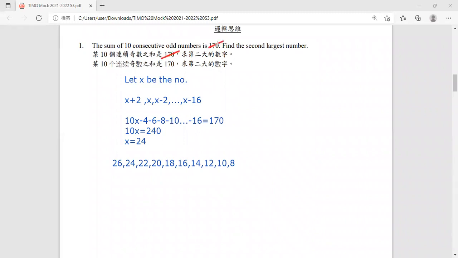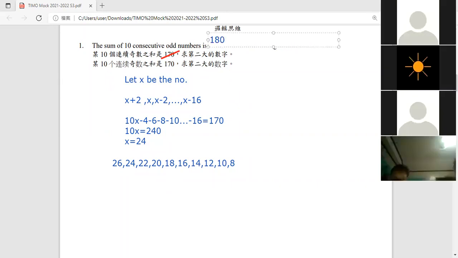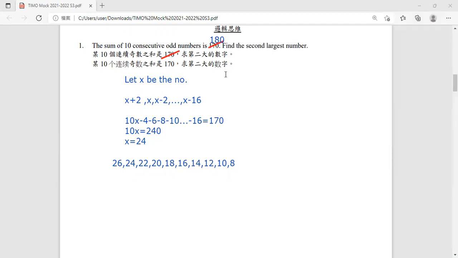So the number should be 180. Then they will be okay. But because it's consecutive odd numbers, if it's 180, then you will get a good answer. It doesn't matter. You just learn the method.